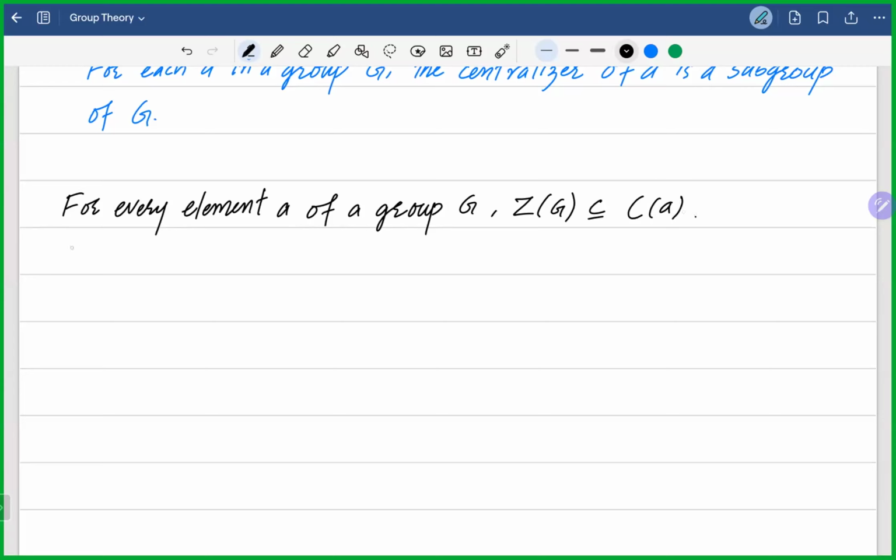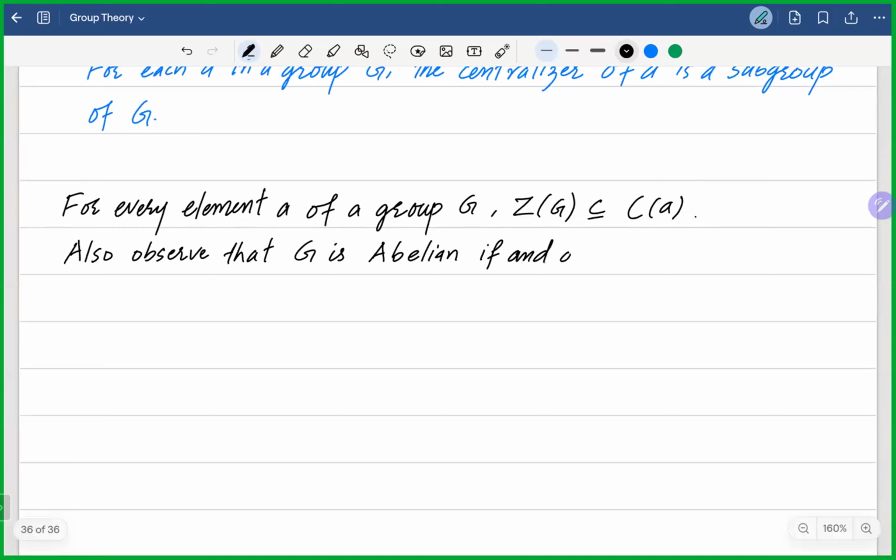Also, observe that G is abelian if and only if the centralizer of A is actually equal to G for all A in G.